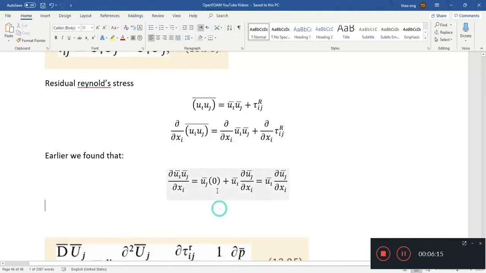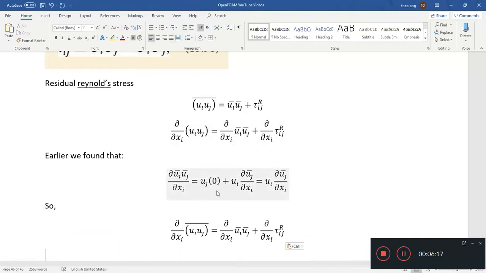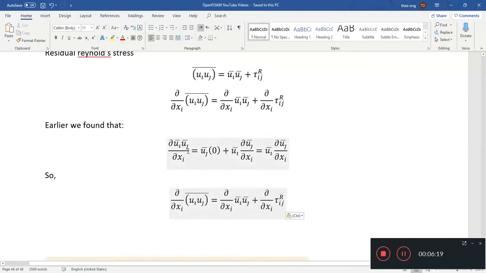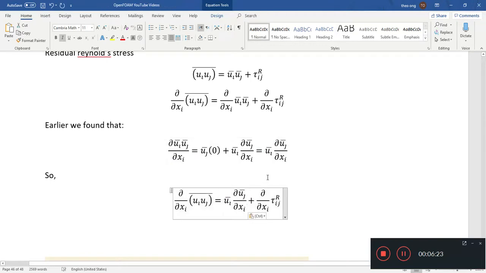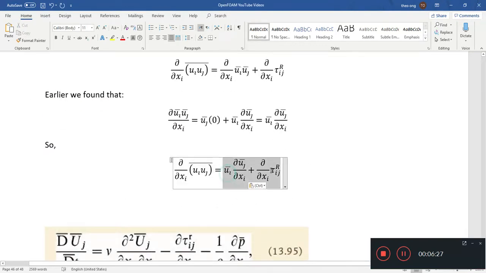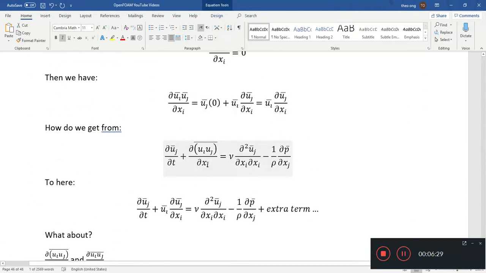So this whole term here is simplified into this term. I'll copy and paste this back into our equation here.